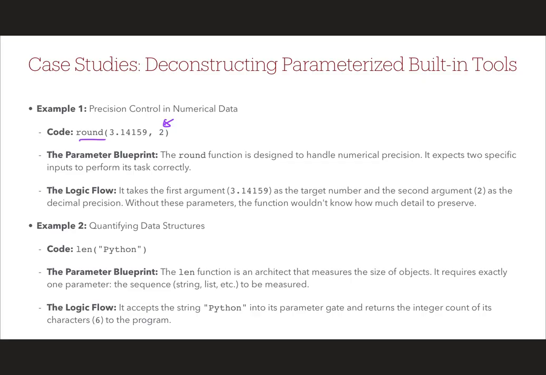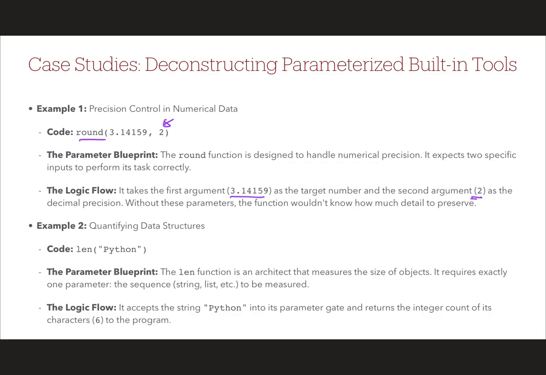So 2 means I want to consider the rounding of the number in the second place below the decimal point. So the round function is designed to handle numerical precision and expects two specific inputs to perform its task. The first argument is the number you want to round, and the second argument is the decimal precision. That means I want to consider the rounding in the second place.